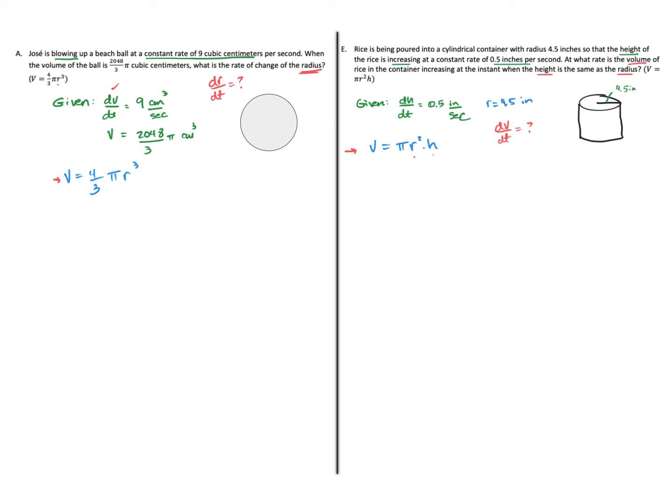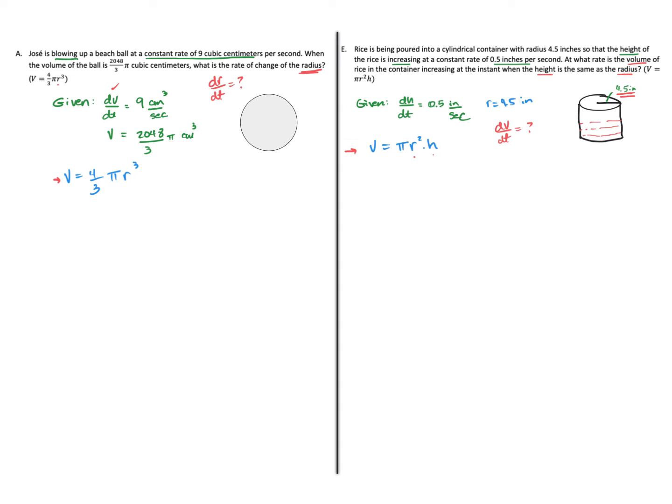I want you to notice this is a cylindrical can, and that means the radius is never going to change. The volume of the rice is, so if you have a little bit of rice in here, that's where it is, maybe a little bit more and a little bit more, right? So you're going to have more volume in this can of rice, and that's what's changing. The height of rice in the can is also changing.